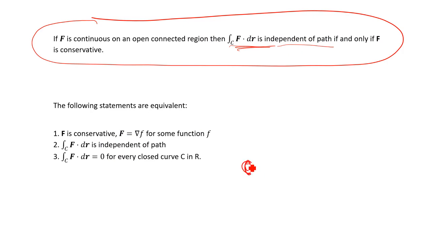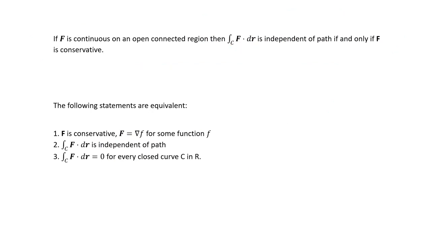What I mean by that is, as long as we start and end at the same place, it doesn't matter what the path is, if and only if our vector field is conservative. That comes from the fact that we can only use that fundamental theorem if we have a conservative vector field, and then it is independent of path.